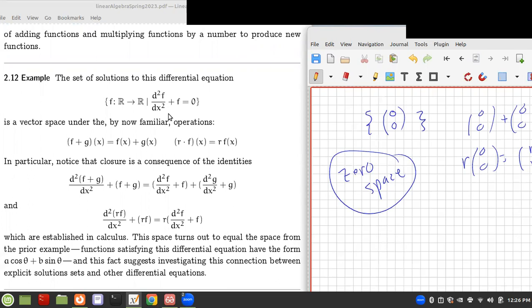All the solutions, this is a derivative, right? This is the second derivative of some function f. Take the second derivative of f plus f equals 0. So this is what you call a differential equation because it has a derivative in it. So this 0 here means this is called a homogeneous linear differential equation.